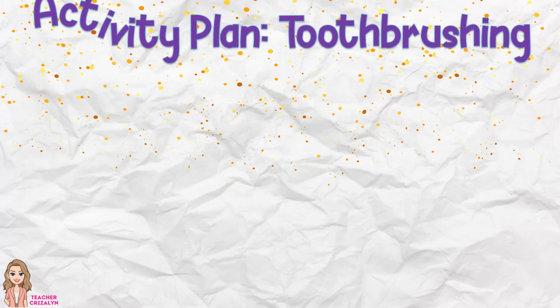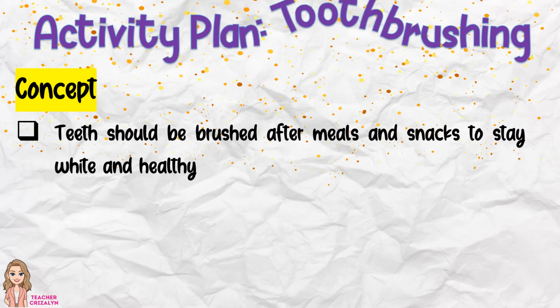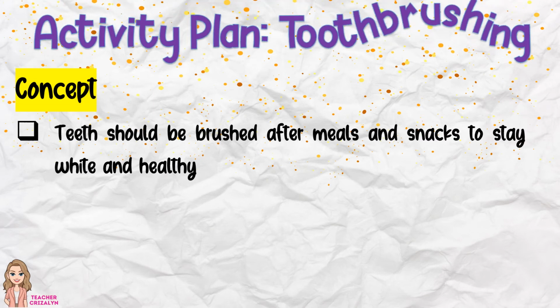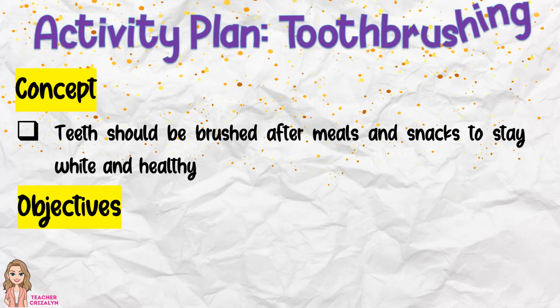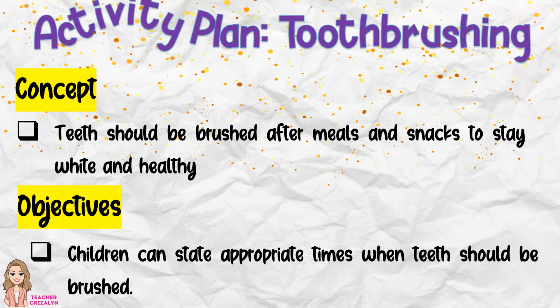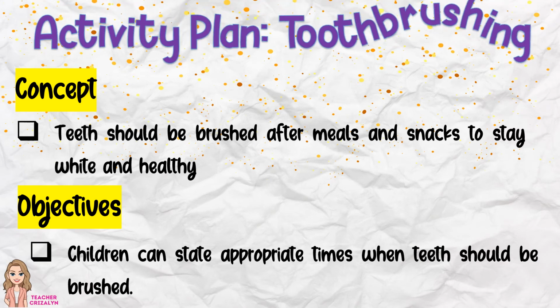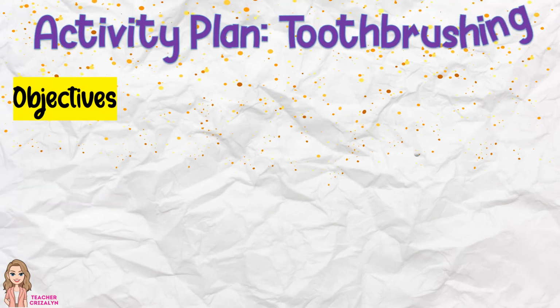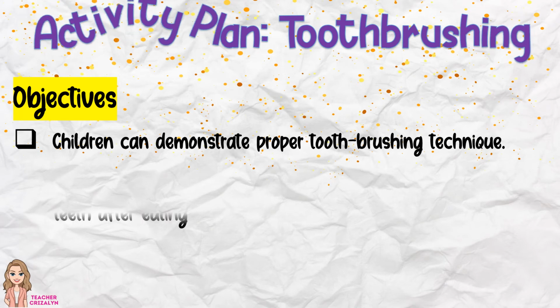Here's a sample activity plan for toothbrushing. Concept: teeth should be brushed after meals and snacks to stay white and healthy. Objectives: children can state appropriate times when teeth should be brushed. Children can demonstrate proper toothbrushing technique.